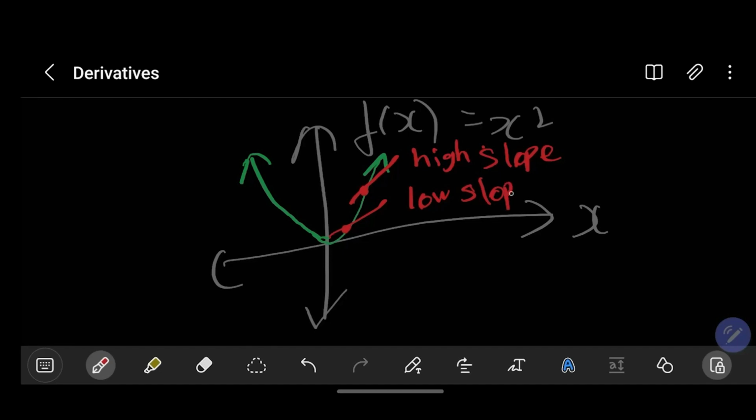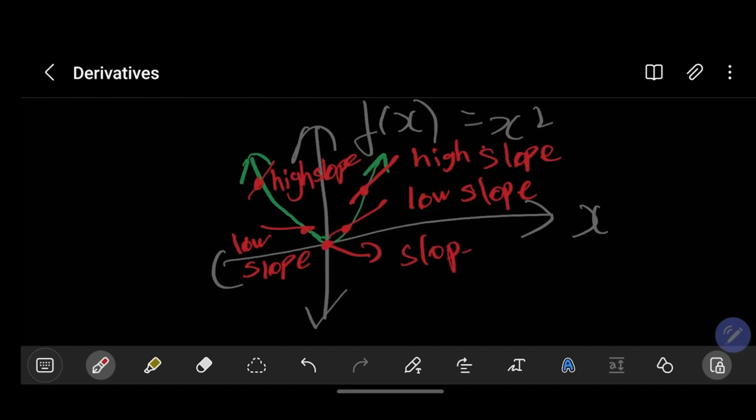It's the same if we have a line passing through here. This will be a low slope, and that will be more of a high slope. We can see where it's cutting the graph of x squared, and visually see the low slope and the high slope. If it cuts here at 0, we know that the slope here is equal to 0.